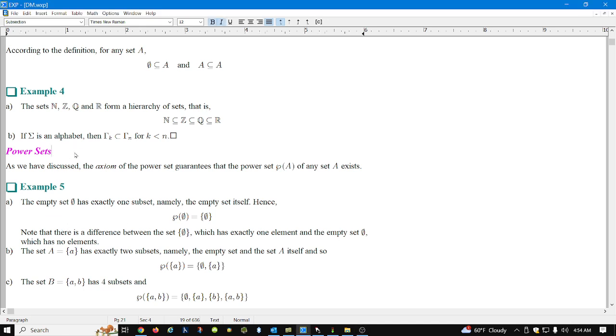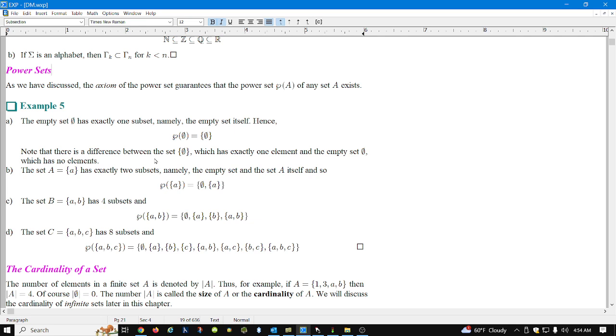We've already discussed power sets. The axiom of the power set guarantees that they exist. Here are some quick examples. The empty set has only one subset, so its power set is the set containing the empty set. And over the years, I've noticed some students get a bit confused between this and this.